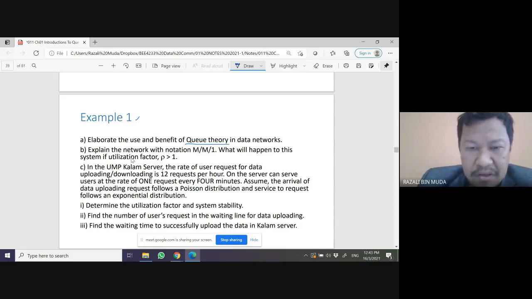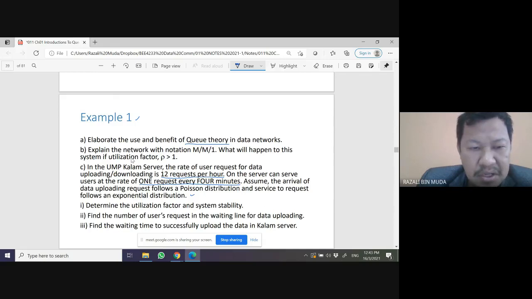Let's say the rate of user requests for data is 12 requests per hour. The server can serve users at the rate of 1 request every 4 minutes. So how many requests per hour? Assuming the arrival of data uploading requests follows a Poisson distribution and service of requests follows an exponential distribution.